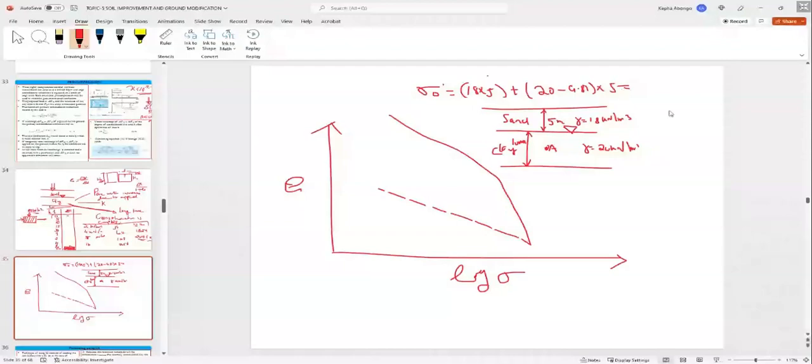So that's around 140.95, so 141 kilonewtons per meter squared. Okay, good.